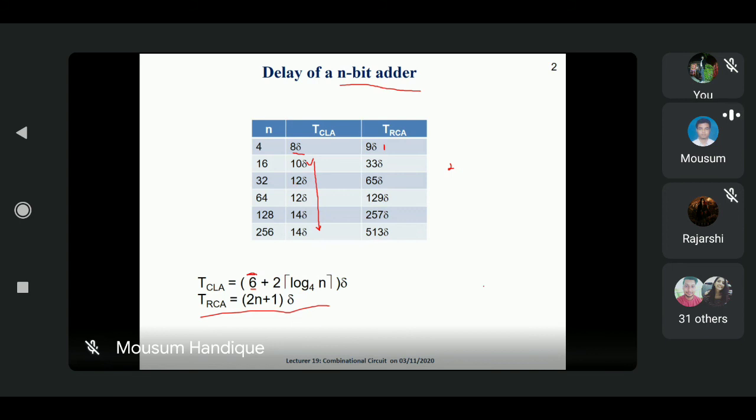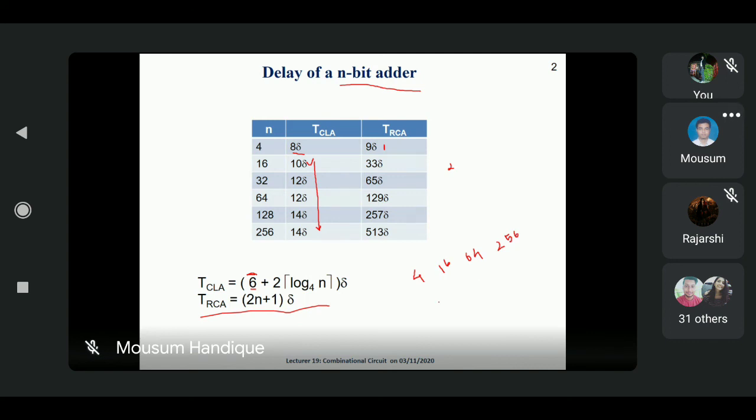Again, see, this way 4 into 4 means 16. 16 power of 2 means 64. 64 power of 2 means 256.